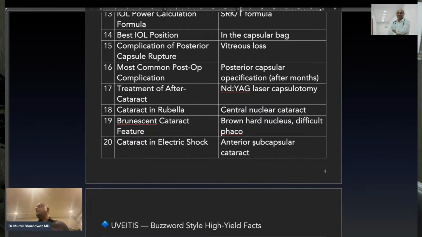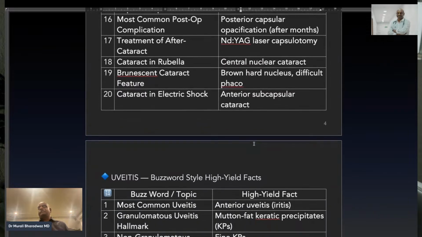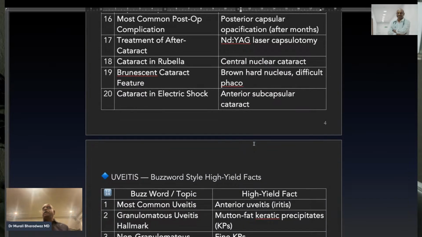Whenever you have an after-cataract because of capsular opacification, you do Nd:YAG laser capsulotomy. Now, in rubella, what is the cataract? Central nuclear cataract. What is meant by brunescent cataract? Brown.